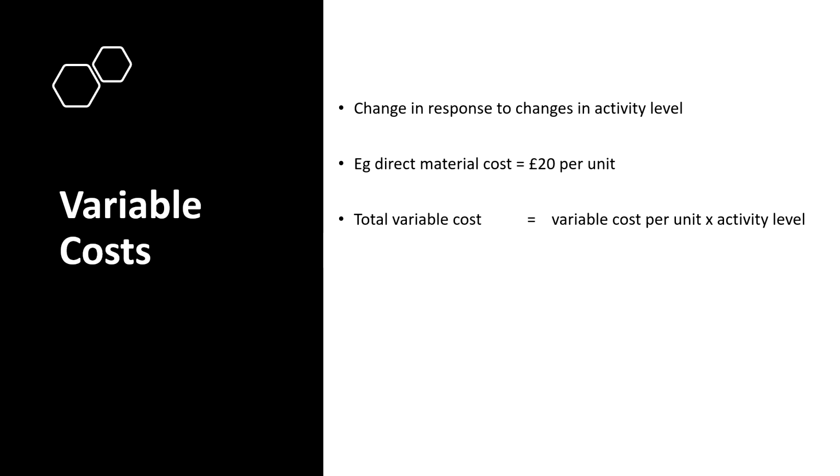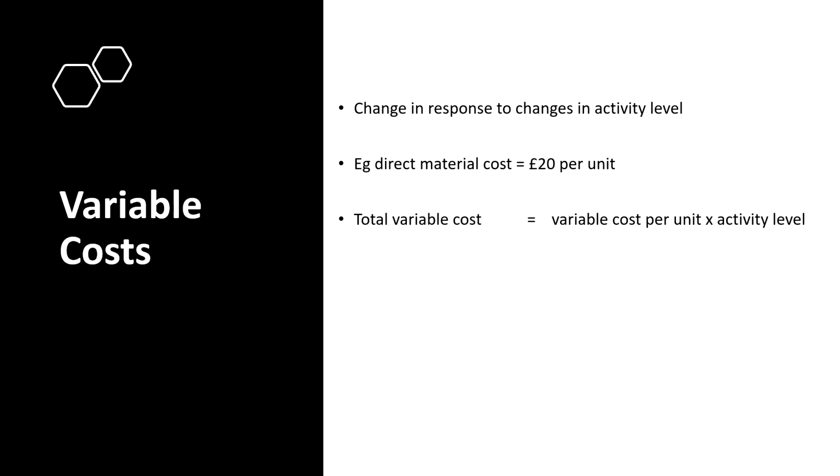And as we've seen, these will change in response to changes in activity level. So let's take direct material costs. If a business produces a product and it requires £20 worth of materials in order to manufacture that product, that is referred to as the direct material cost.